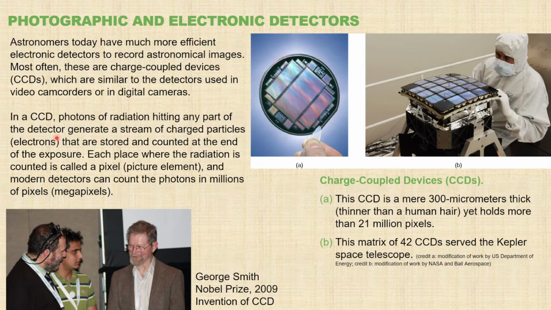In the same way, the photon that hits the plate excites the electrons, and that excitation energy is carried by the electron and is stored somewhere in the detector. When it collects all the different photon energy, it's able to store basically a picture of that object. And this CCD revolutionized everything.